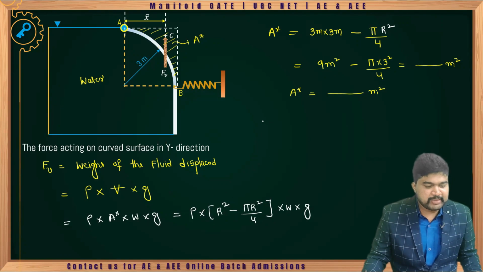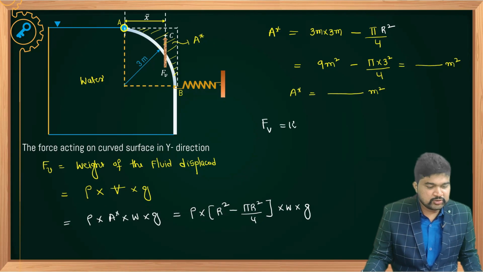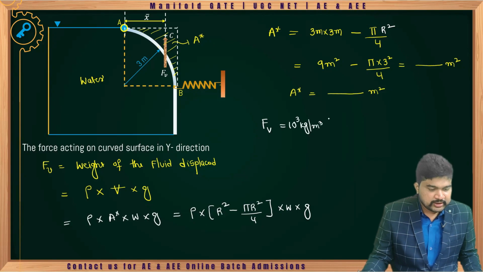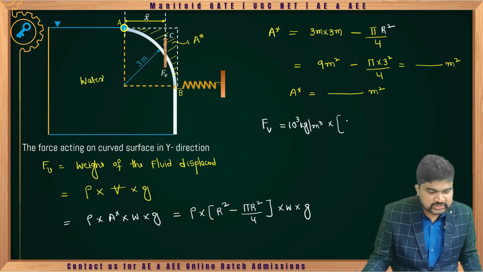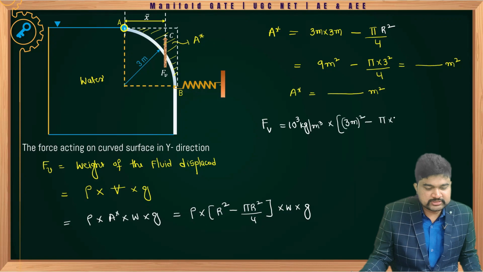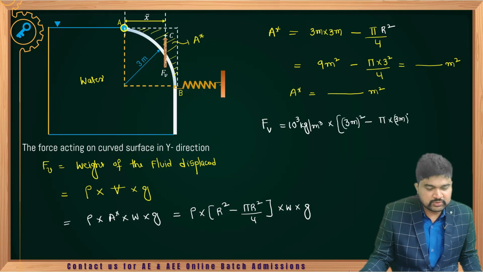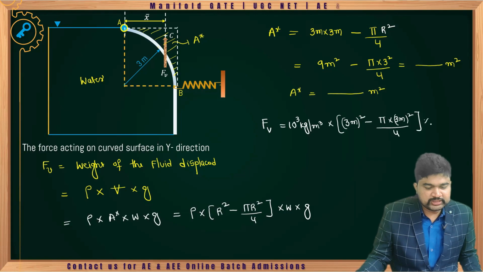So here, what is the magnitude of Fv? Tell me. Is equal to 10 cube kg per meter cube into R square is nothing but 3 meter square minus pi times 3 meter whole square by 4, into width of the gate.